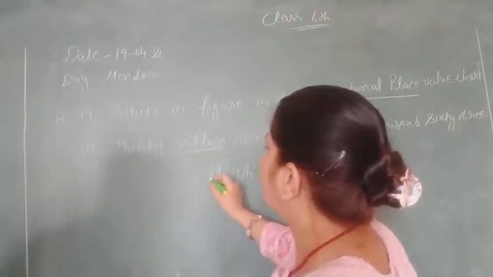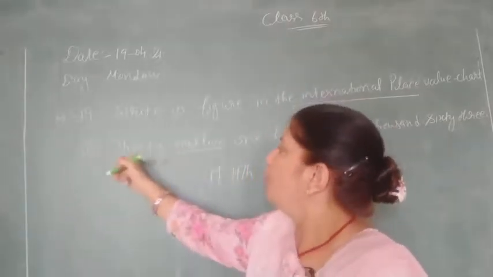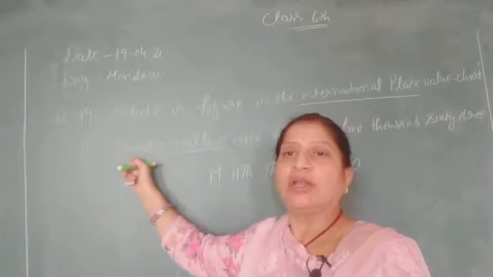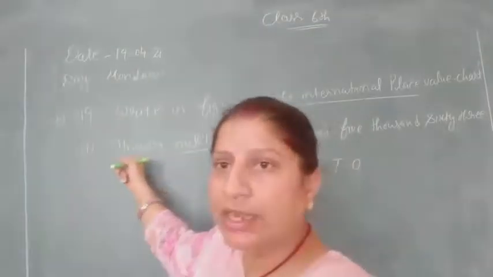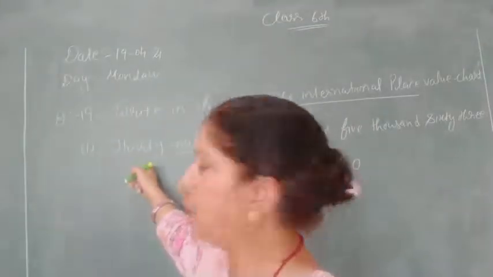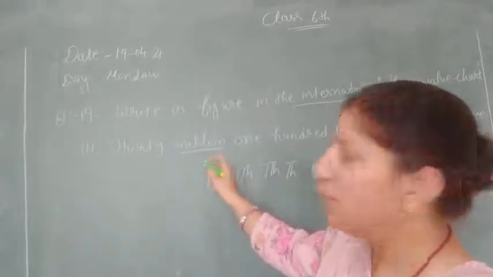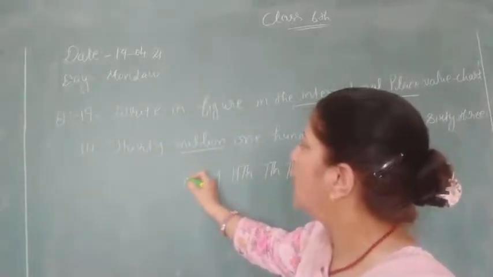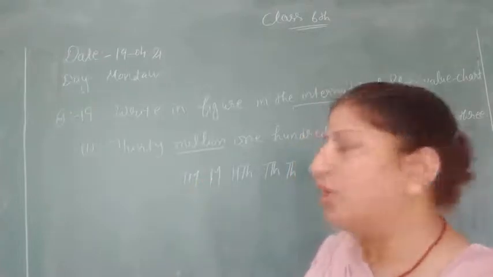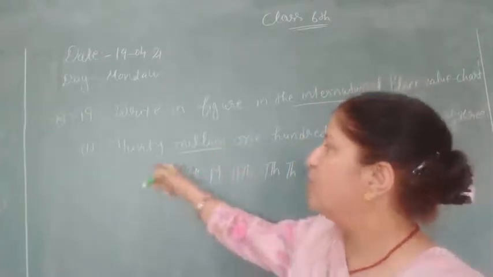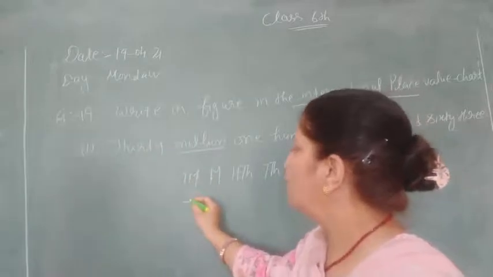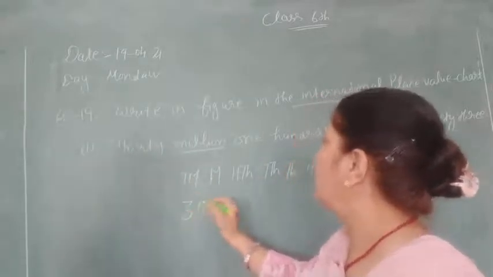Now we see that before million we have the number 30, and it is a 2-digit number. A 2-digit number means we have to write the places million and 10 million. Now we have to put in the values. This is 30 million, so we write here 30 million.